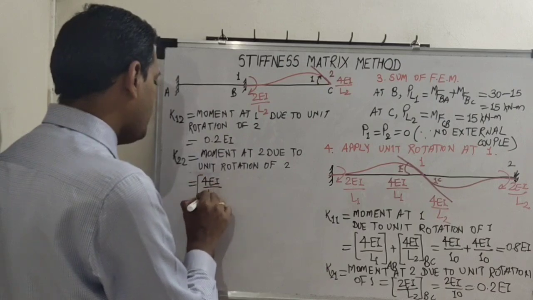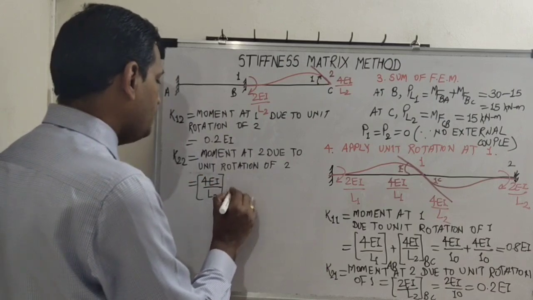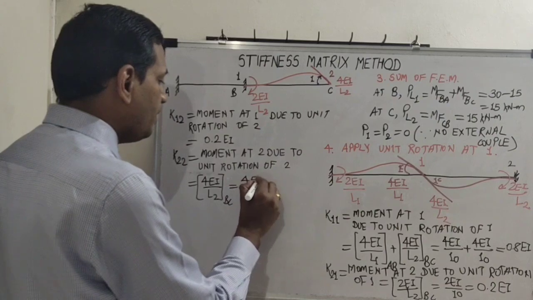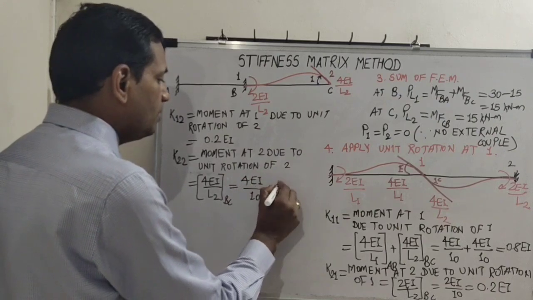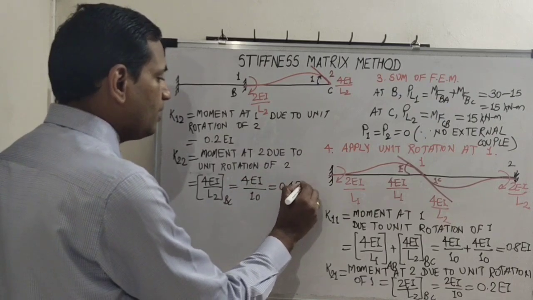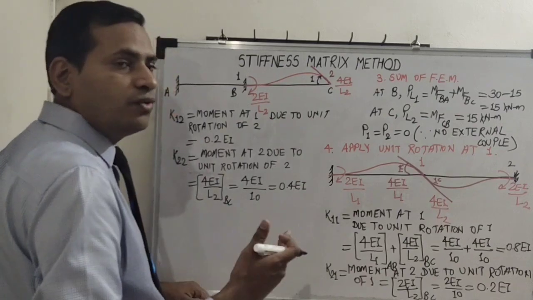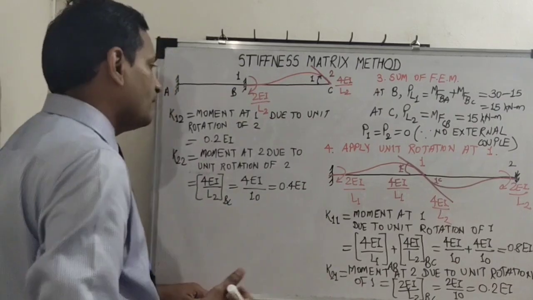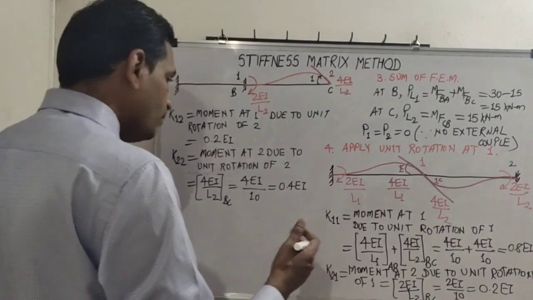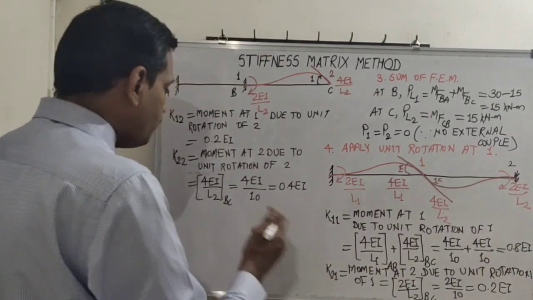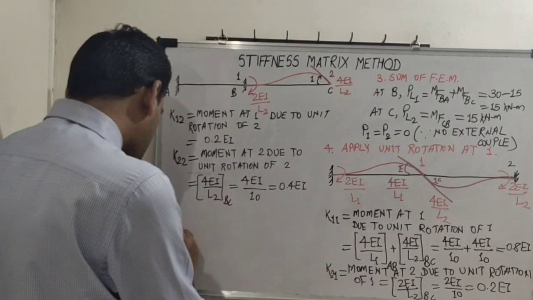Okay, 4 EI by L2. This is for span BC. So 4 EI by 10, which is nothing but 0.4 EI. Now will be the time for our stiffness matrix equation.